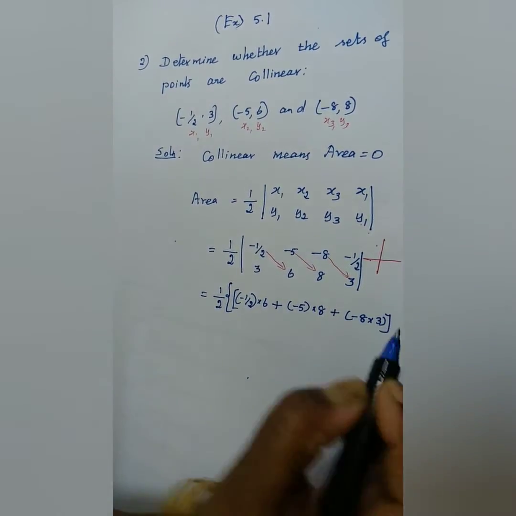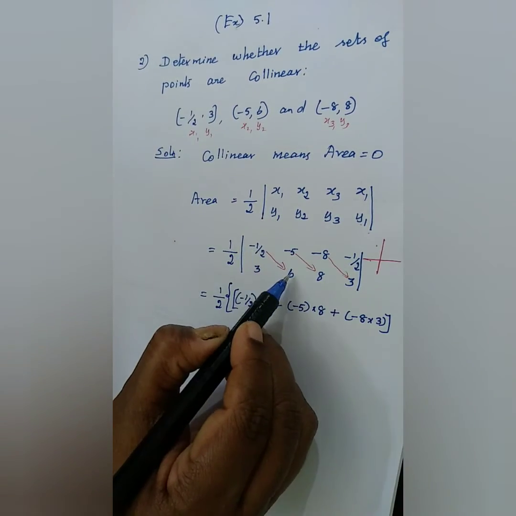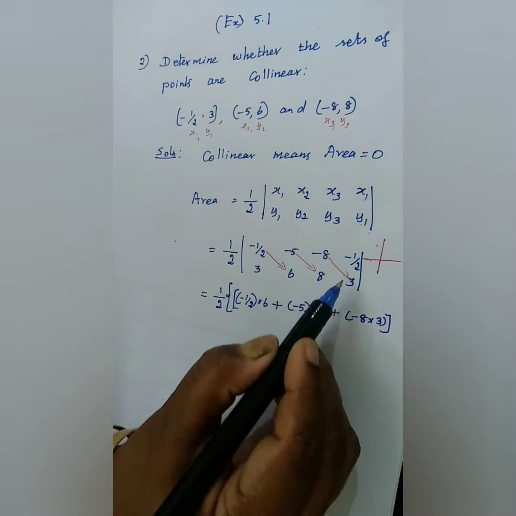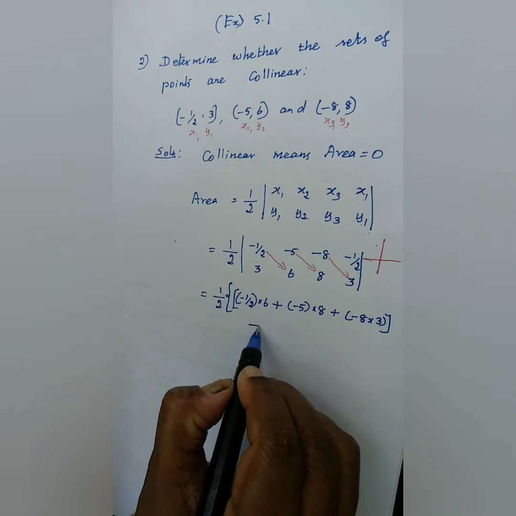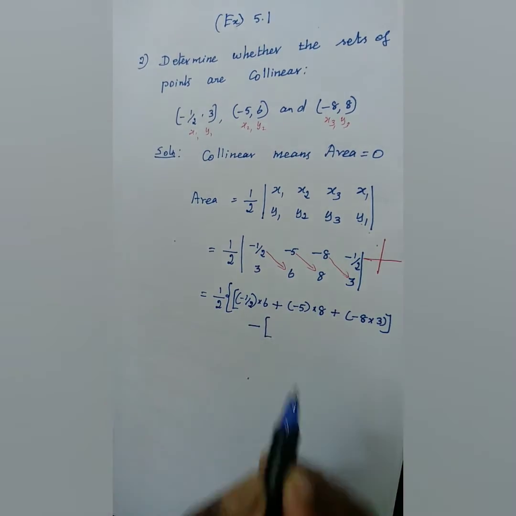So one set is over: the multiplication of this, plus this, plus this. Then minus the next set.